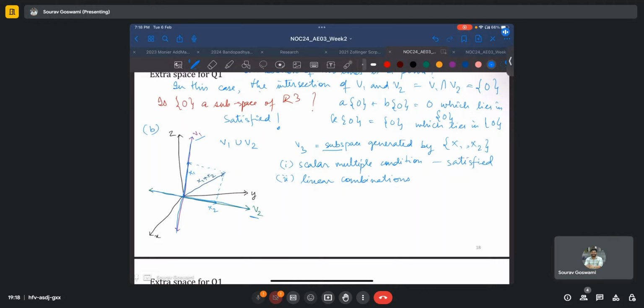But where does this linear combination lie? Or in general, where will any of these linear combinations lie? A little thought will tell us that, in fact, it will lie on the plane spanned by these two lines. This plane will contain, and of course, it passes through the origin.